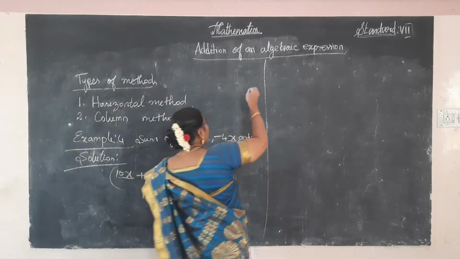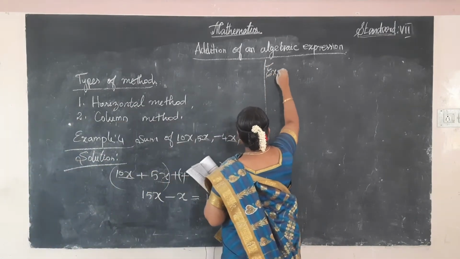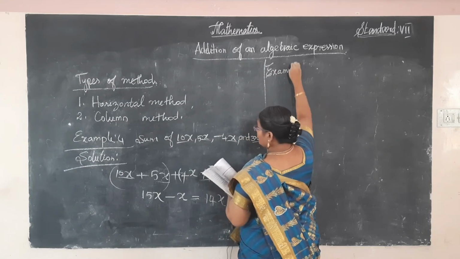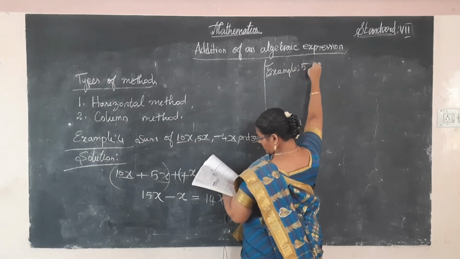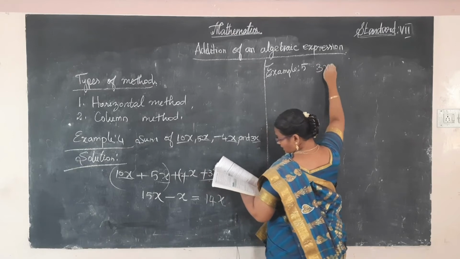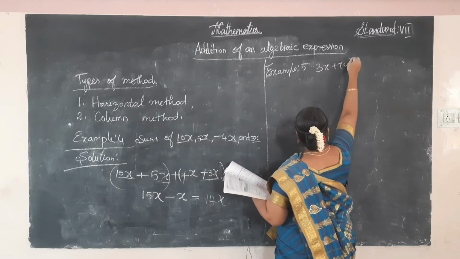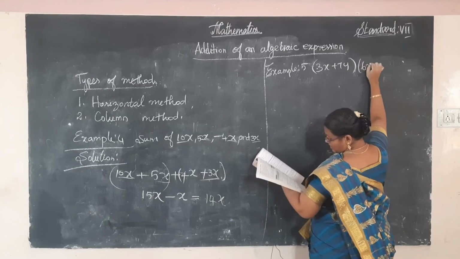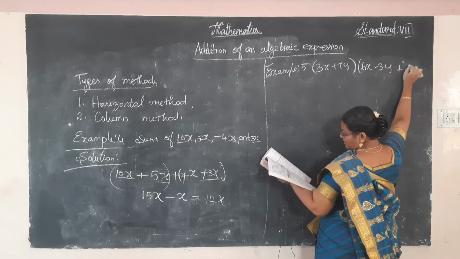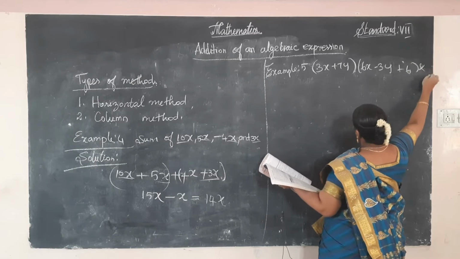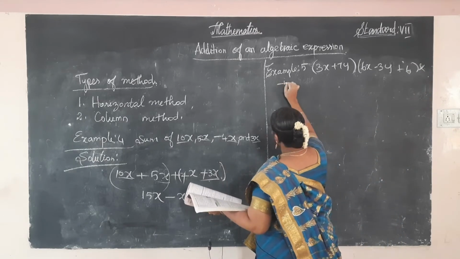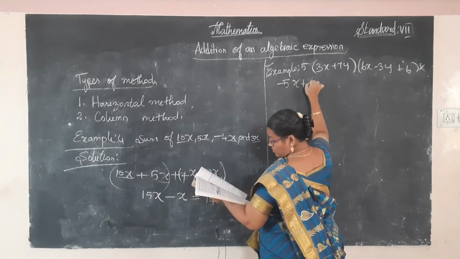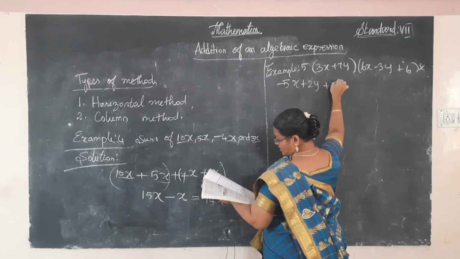See another example. Add 3x plus 7y, 6x minus 3y plus 6, and minus 5x plus 2y plus 7.